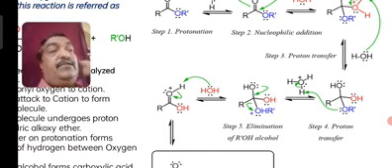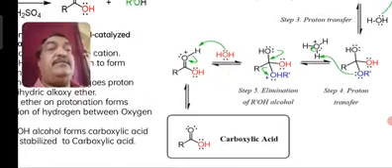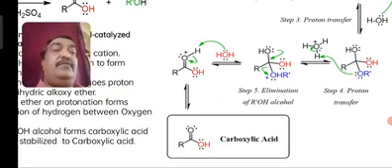Here elimination of alcohol takes place, that is the R dash OH will be eliminated and you will get RCOH OH. Okay, so you will get this product. Further, it will be stabilized by the loss of the proton by a water molecule, and you will get RCOOH, so carboxylic acid formation.